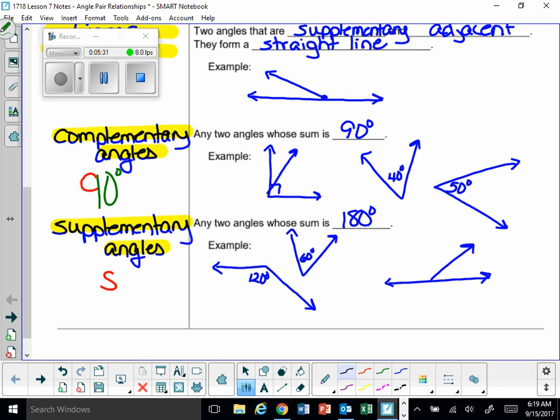And if we connect the ends of the S, we get the 8 and 180 degrees. A third way to remember it is alphabetical order. C, then S, 90, then 180. 3 different options for helping you remember that. It doesn't matter how you remember it, but it is important you do remember that angle pair relationship.